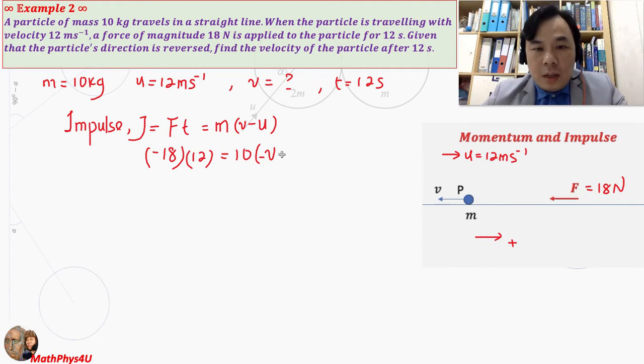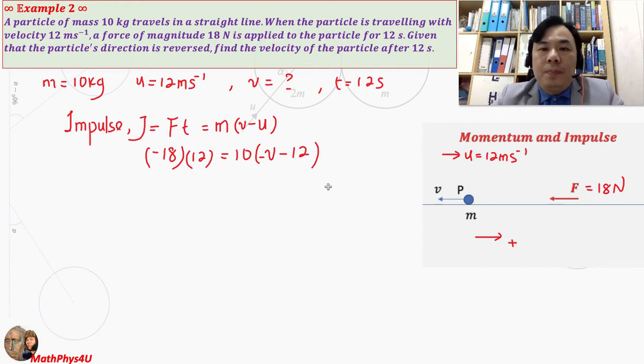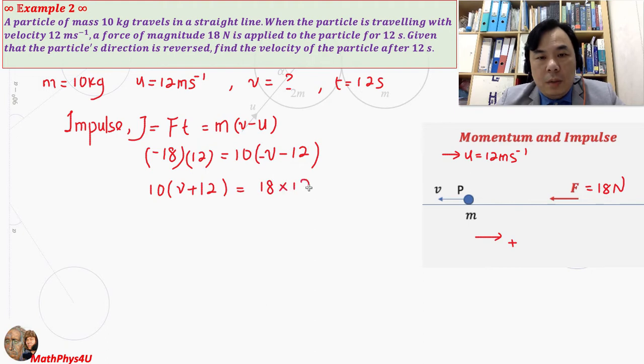And then initial velocity was U, which was 12. Do check if you have all the information here. Yes, we are quite happy with that. And then do a bit of simplification here. We will get 10 V plus 12 is equal to 18 by 12 here.